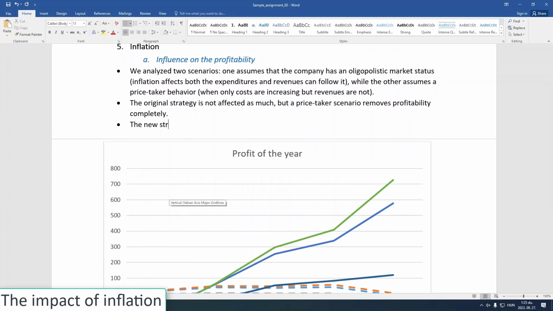The new strategy performs well only if the company is in an oligopolistic status.